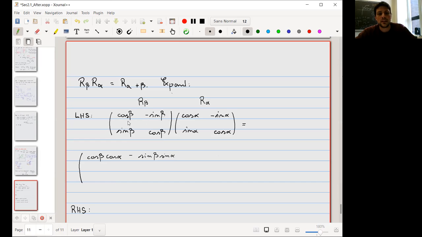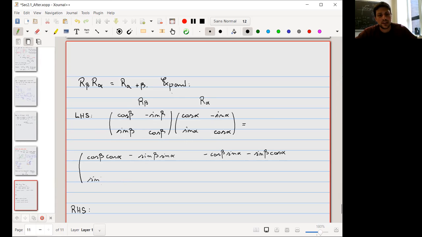The second entry will be first row, second column: minus cosine beta sine alpha minus sine beta cosine alpha. Second row, first column means I have to take the second row of the first matrix and the first column of the second.